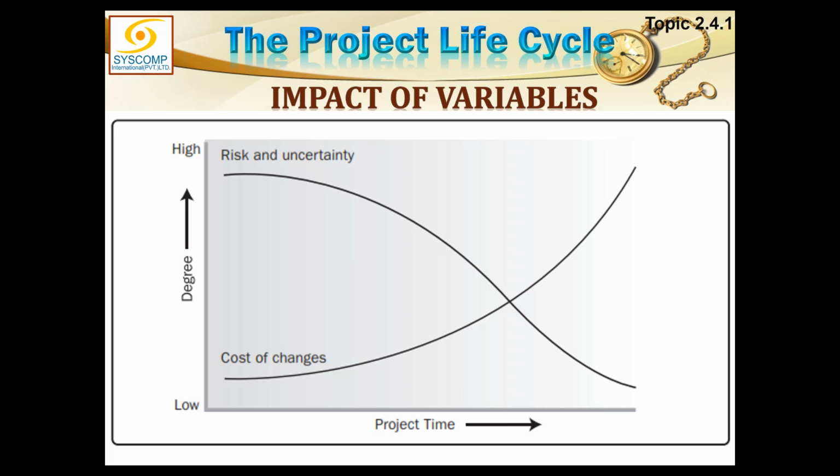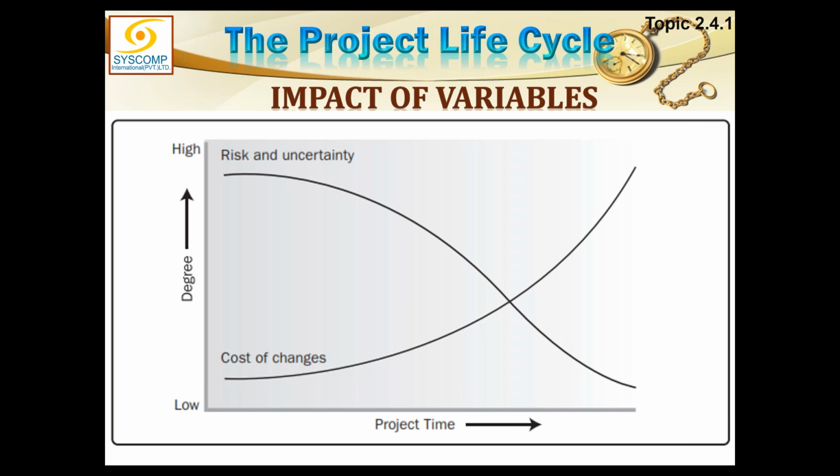Because still we have not started working on ground, there is nothing on ground, so this is inexpensive. So changes brought as early in the life cycle of the project as possible are the cheapest. But as we move ahead, the cost of changes exponentially increases towards the end.